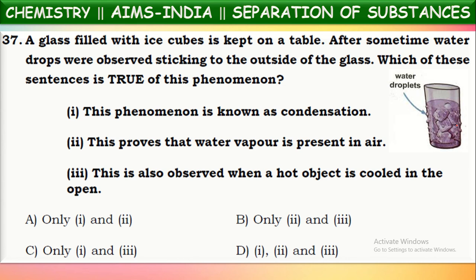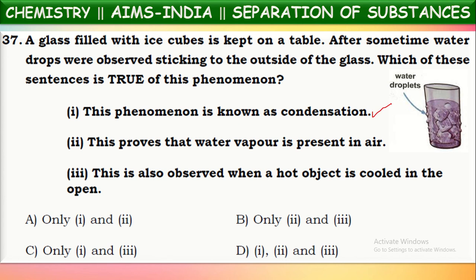Have you observed this ever? Yes, it happens. Now, which of the statements are true according to this phenomenon? See the first statement given here. This phenomenon is known as condensation. Is the formation of water droplets on the surface of the glass called condensation? Yes, it is called condensation. It is the correct statement.